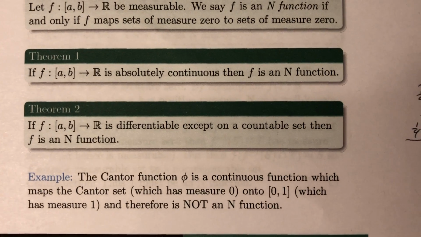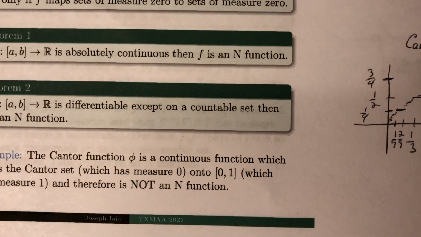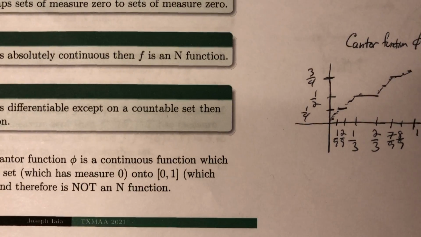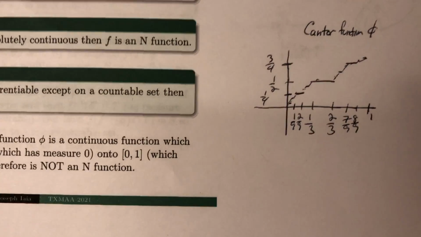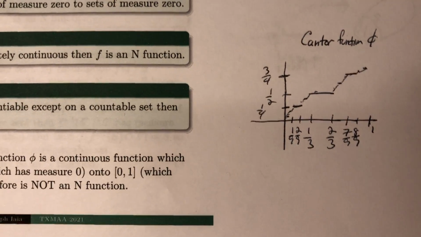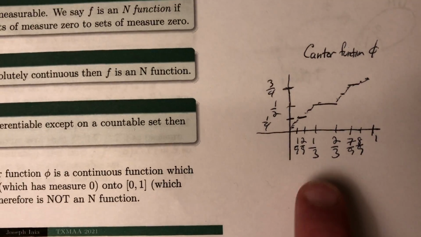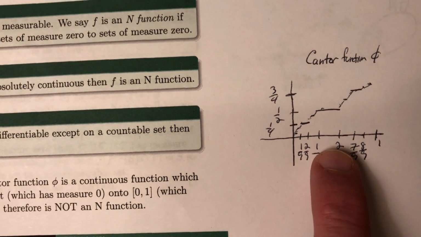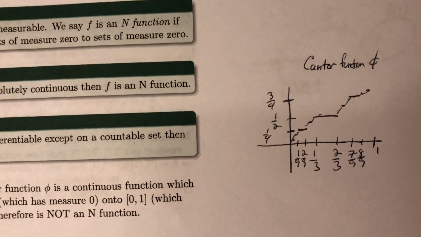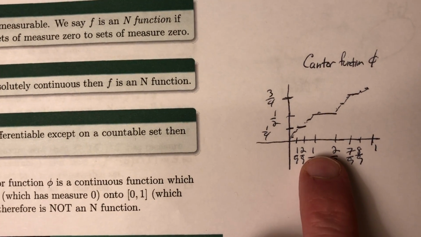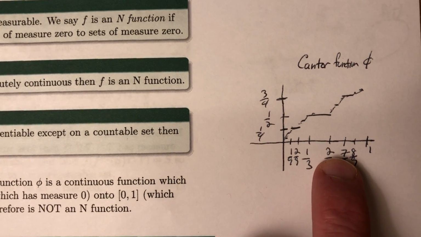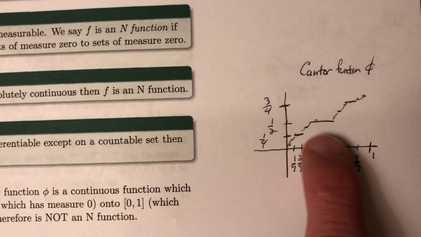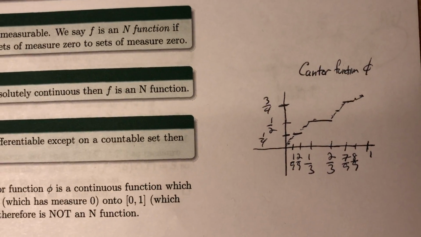Something which is not an n function is, along with the Cantor set, this function called the Cantor function. Basically, it looks like this. On the first step of forming the Cantor set, you remove the interval from 1/3 to 2/3, so we define a function that's equal to 1/2 on that whole interval.